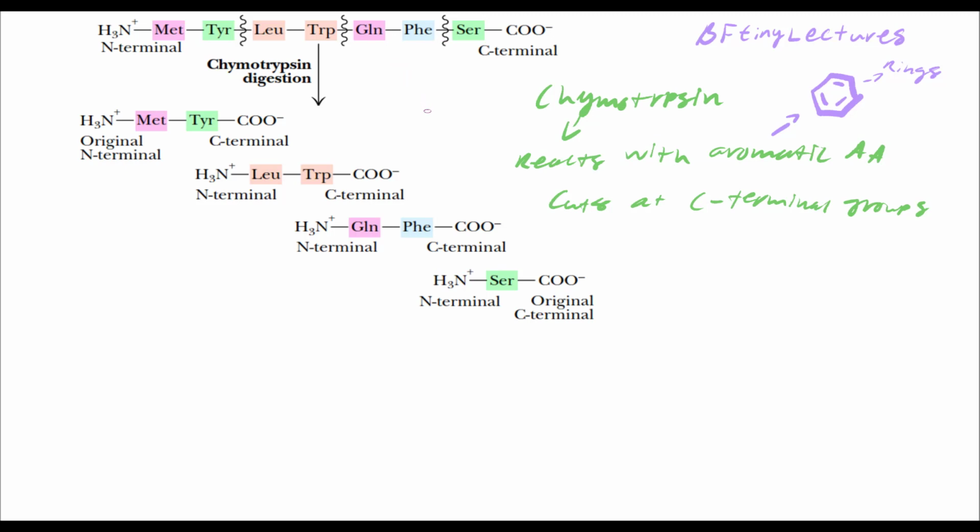So phenylalanine also has a ring structure in it. Tryptophan for sure has aromaticity, so it has a cyclohexene. It also has the little thingy right here, so it kind of looks like this. So that's also aromatic.